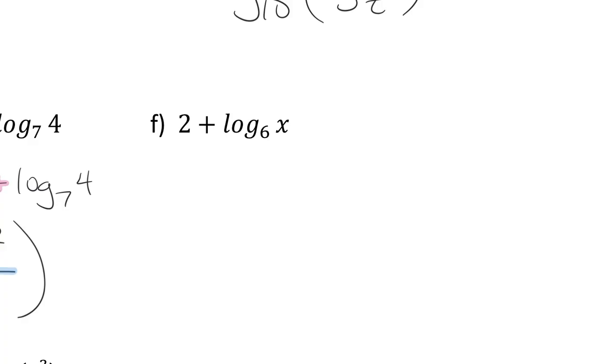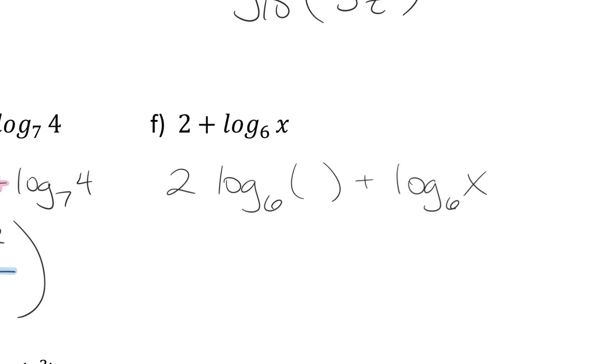So the logarithm that I want here is a log base 6 of something next to that 2, so that that term has a log base 6. But I can't let it be anything other than the number 1, because then I'm changing this problem, the same way you need to gather common denominators when you're dealing with fractions. So what number can I put in that parentheses that would make this log base 6 of something equal to 1?